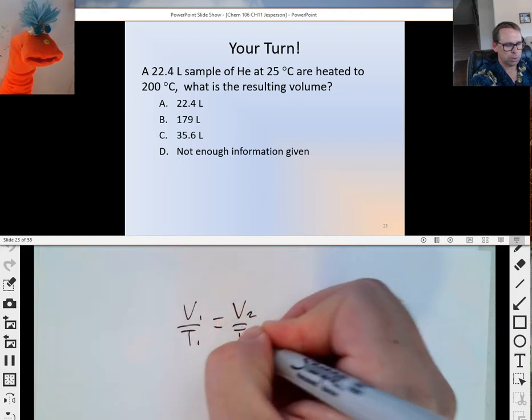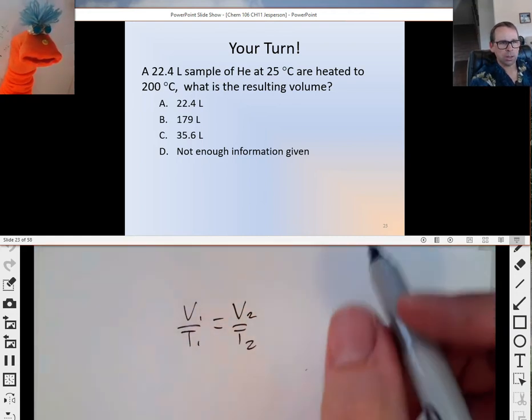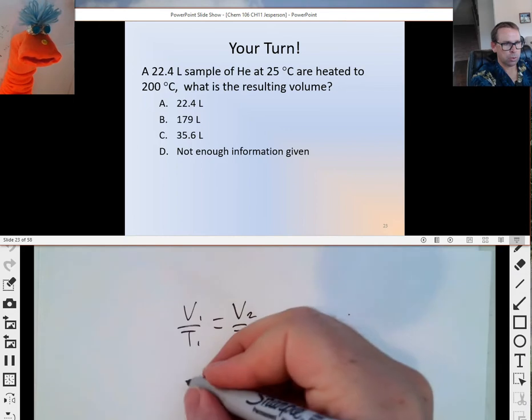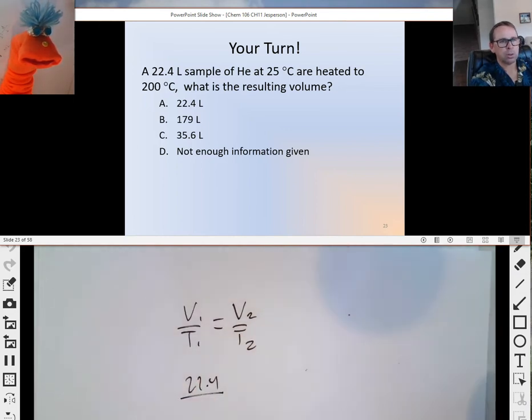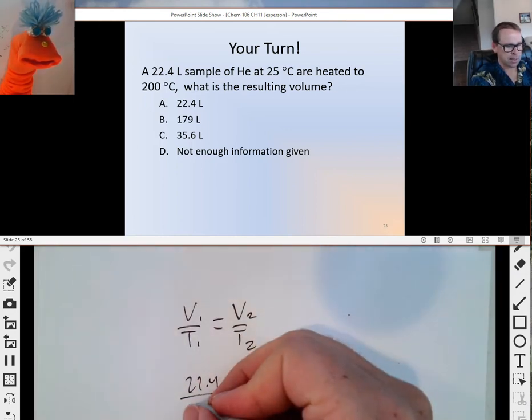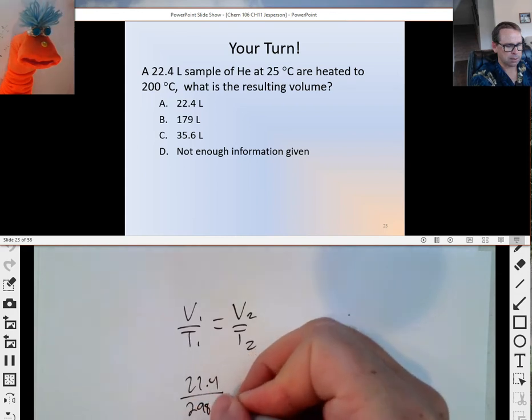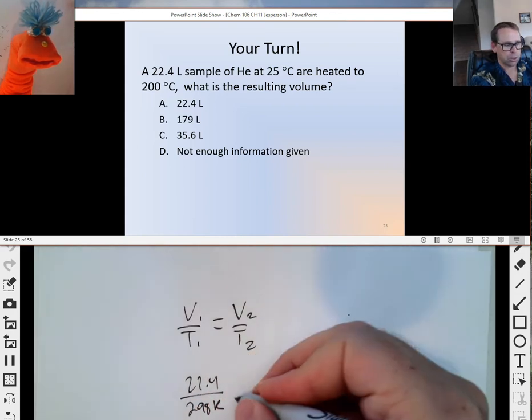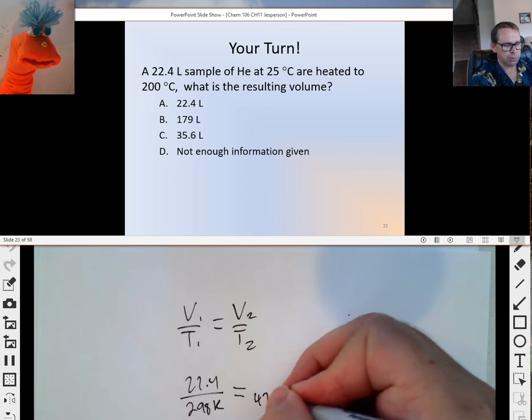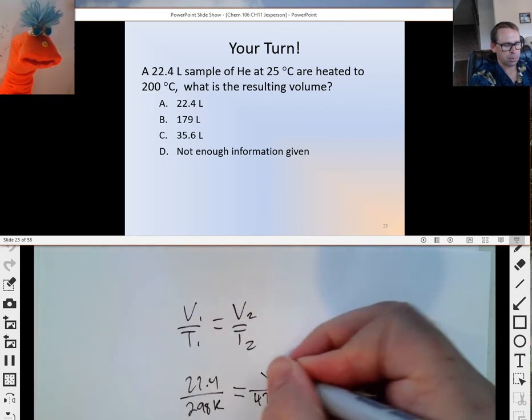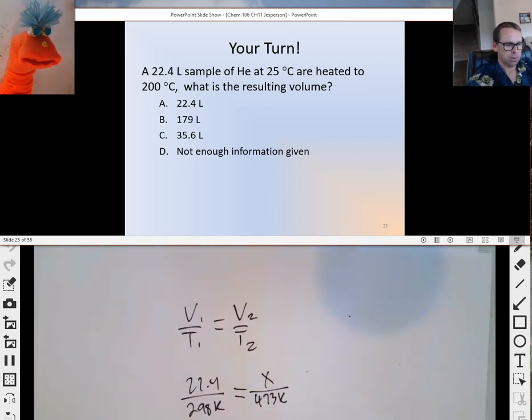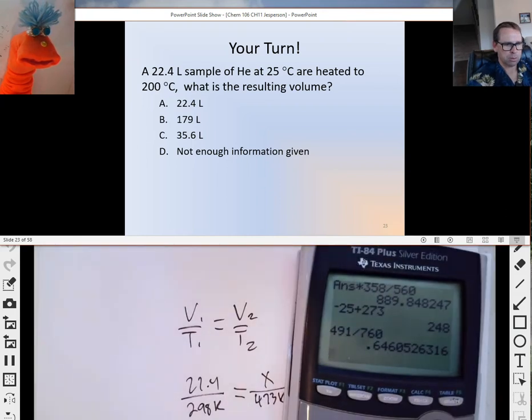So the initial volume, 22.4, 25 degrees Celsius, that's 298 Kelvin, right? 200 degrees Celsius, 473 Kelvin, and then we're solving for our volume.